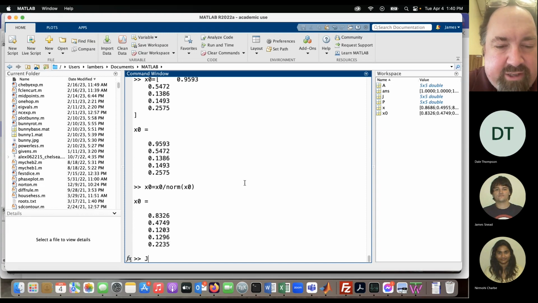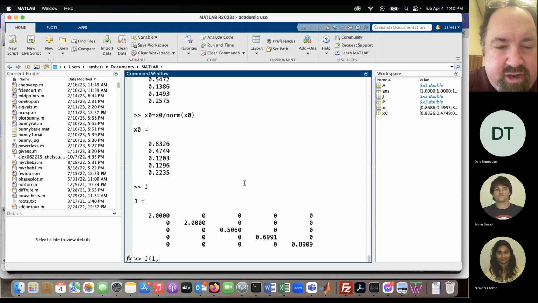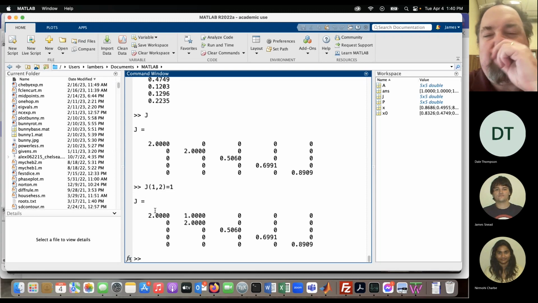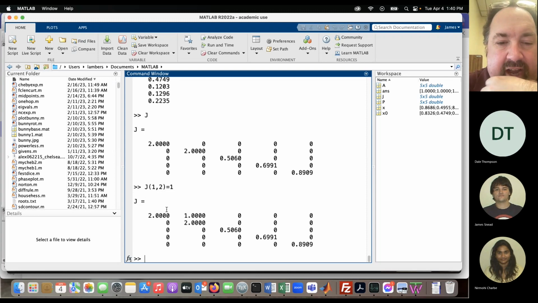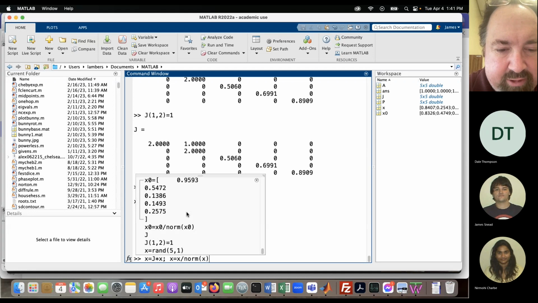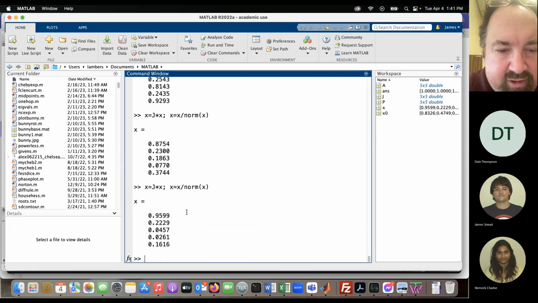But now, if I go back to j, and I'm going to set j row 1, column 2 equal to 1, now we have a 2-by-2 Jordan block. The eigenvalue 2 is now defective, and there's only one eigenvector going with it. So now do the same thing, like a random initial guess, and apply the power method to it, and see what happens. So the other components, 3 through 5, they still go away.